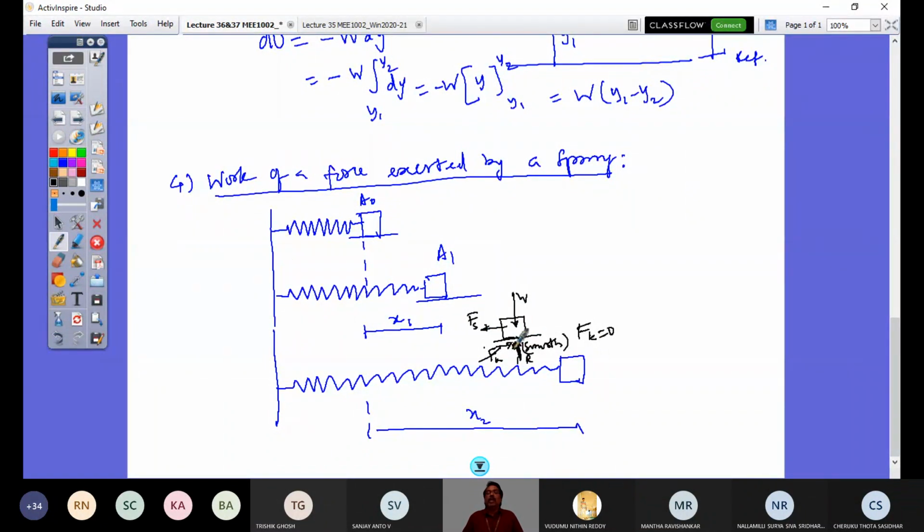So it's work done only by the spring force now, and that force is Fs, and that Fs is defined as the spring constant k, called force per unit deformation, into dx.